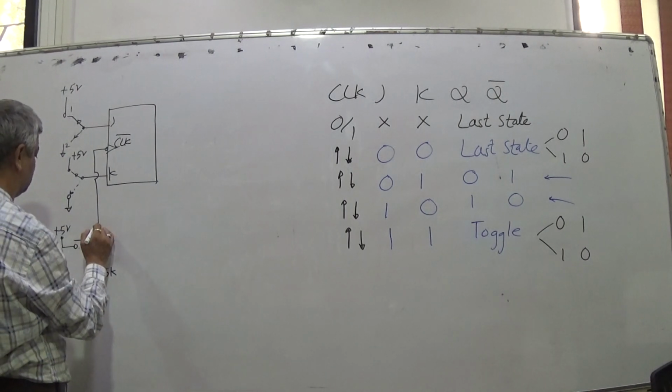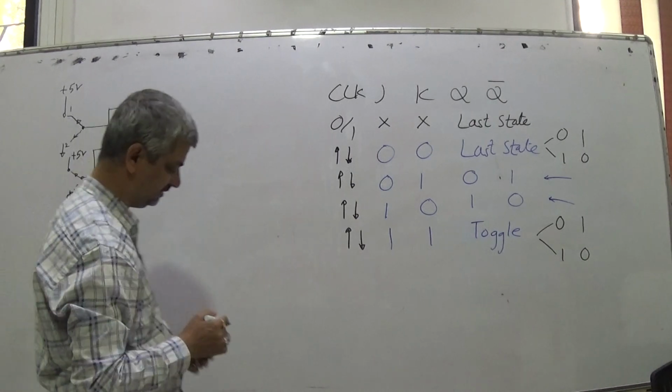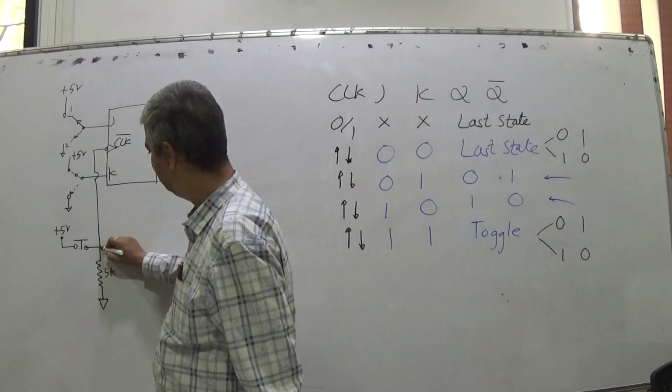It is called a pull down resistor. So now what will happen?